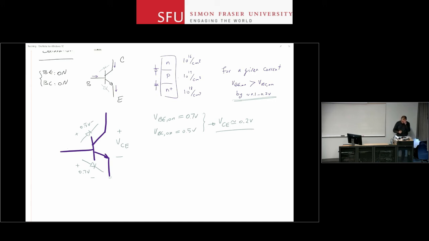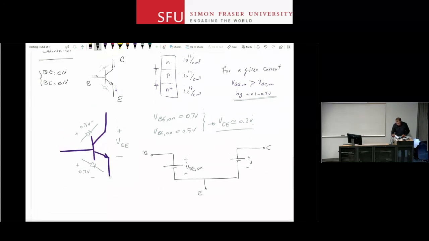So what I can do now is come up with a new circuit model for this device. I don't have my nice current source between the collector and emitter anymore. Remember, I had that for active region. Base, emitter, collector. This is my VBE on, but the value of this is your VCE saturation.